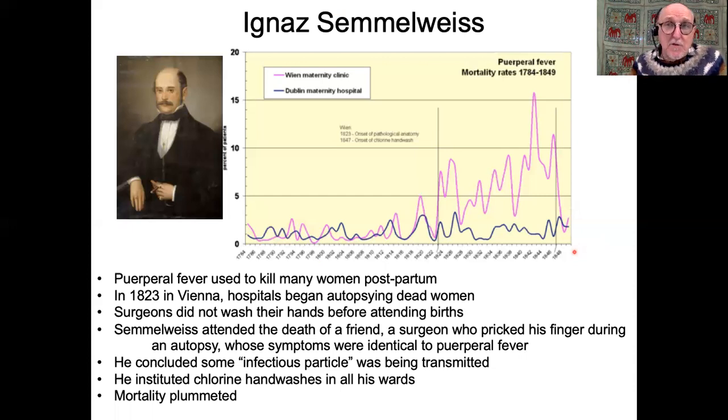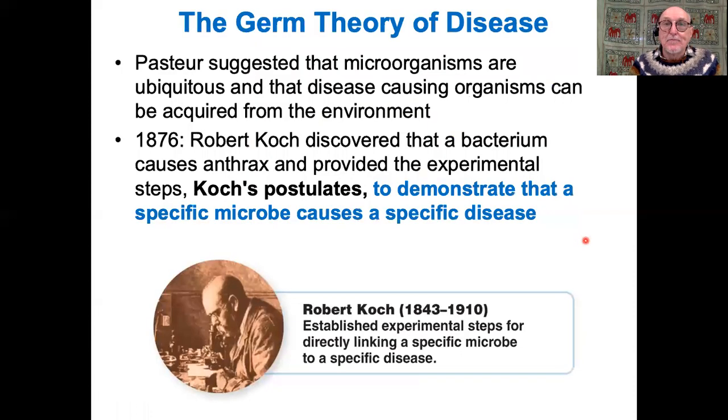Other health workers thought this was ludicrous. It was a ludicrous idea that something that you couldn't see could cause these diseases, but they said no. The work of Pasteur, the work of Semmelweis show us that these things are present everywhere, and that if you limit their access to the human body, then you limit the rates of illness which they can cause.